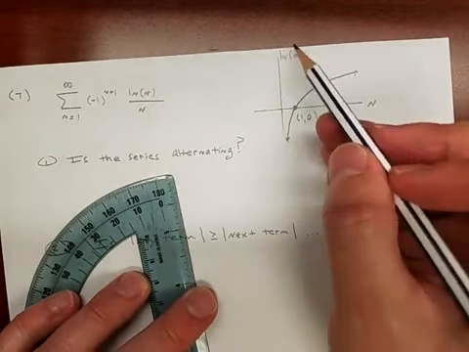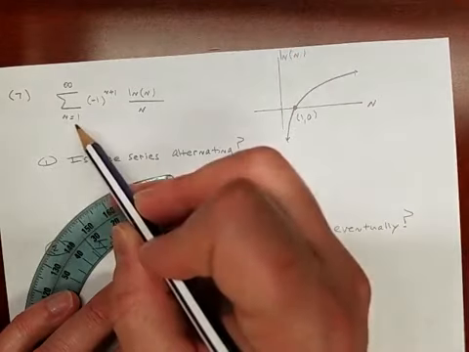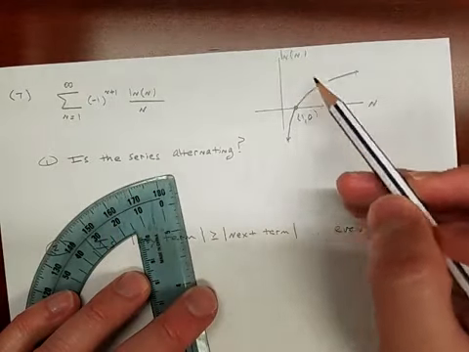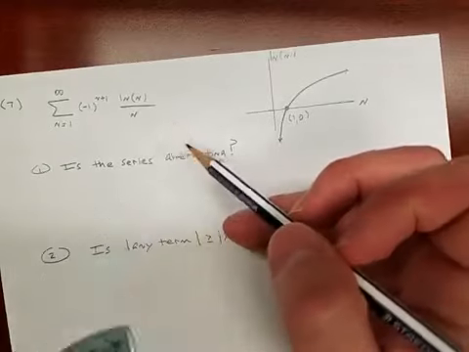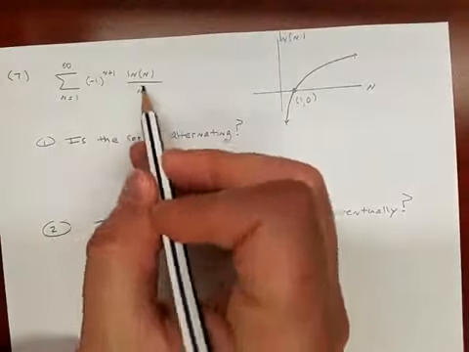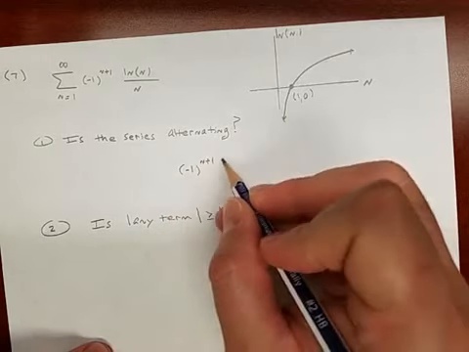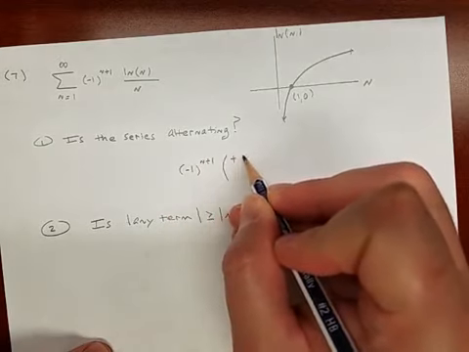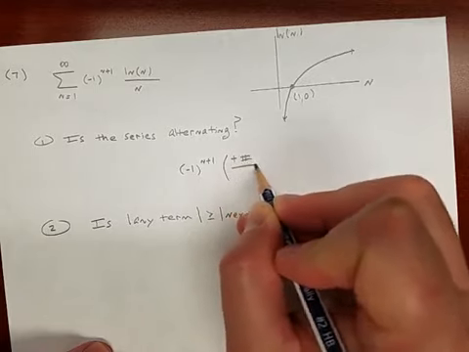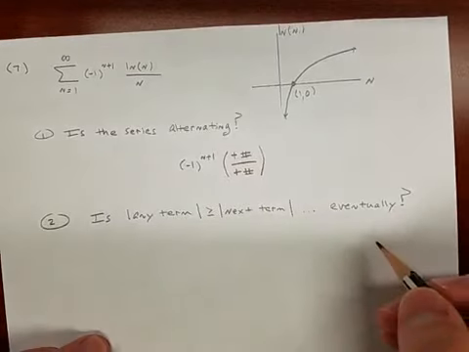So yes, if you have an input there bigger than 1, natural log of it will be positive. Okay, so that's all I need then. That breakdown right there is that we have negative 1 to the n plus 1 times something that will be a positive number over another positive number.